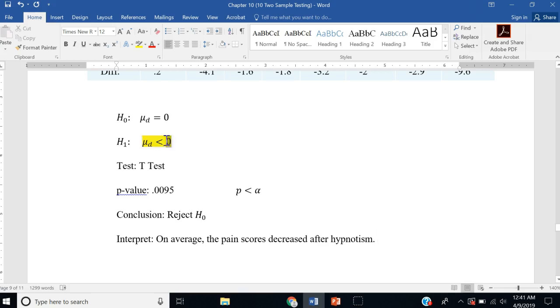Now, one thing here, this alternative hypothesis was what we concluded. We say the null hypothesis did not. If we did conclude, if we said do not reject the null hypothesis, my interpretation statement would go something like this. We would say, on average, there was close to no difference before and after hypnotism.